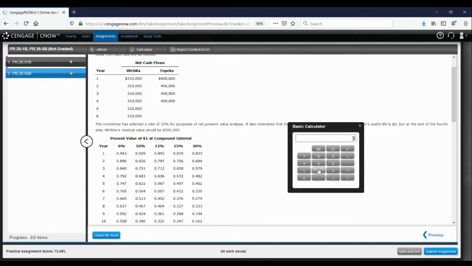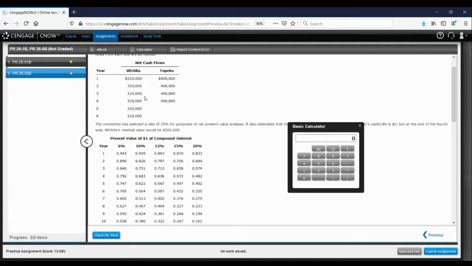So I would take 310,000 and multiply that by the second year's table value amount at 20%, which would be 0.694. And that will give me the present value for year 2 of the Wichita company as being $215,140.